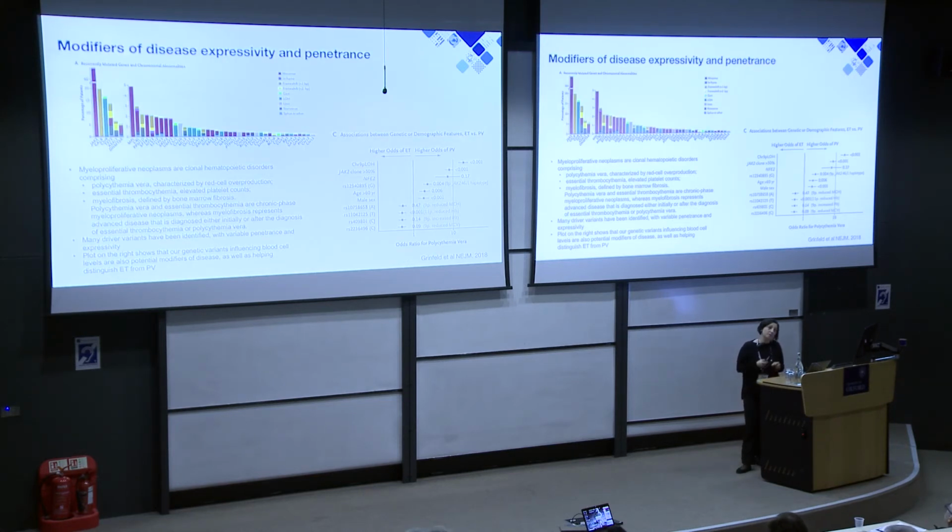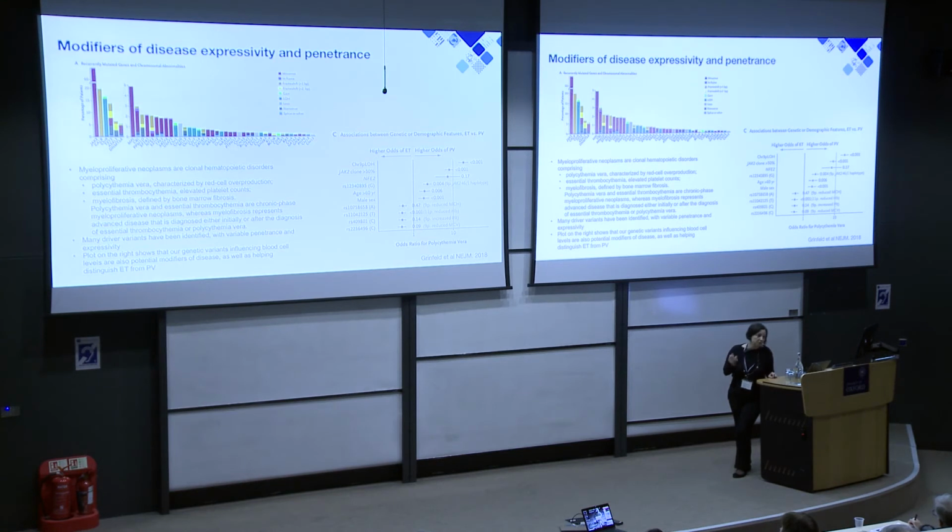This principle has been shown quite nicely very recently by Peter Campbell and colleagues, who array genotyped a series of patients with two myeloproliferative disorders, essential thrombocythemia and polycythemia vera, which are characterized by an excess of platelets on this axis or an excess of red cells on this axis.